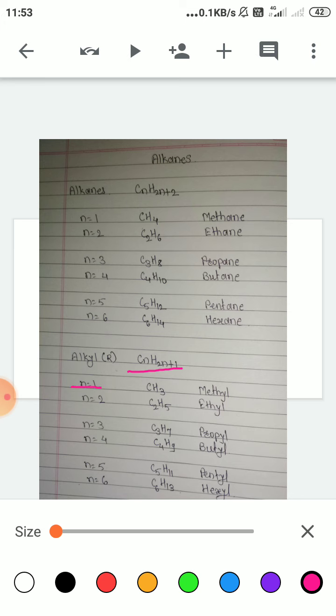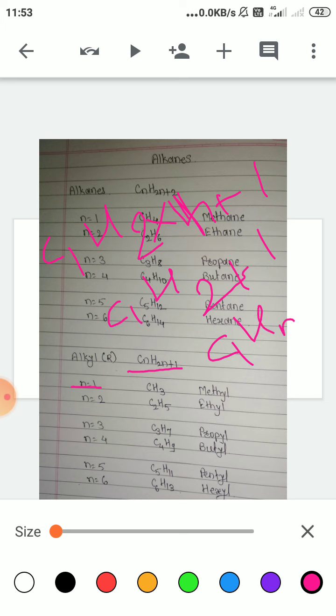If we put n equal to 1, then CnH2n+1 is C1H(2 into 1 plus 1), that is C1H3.